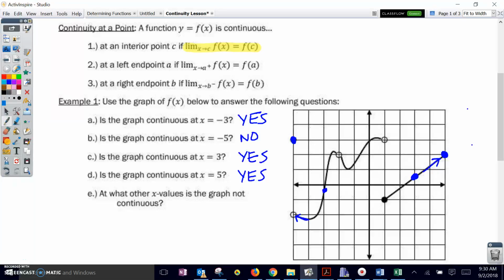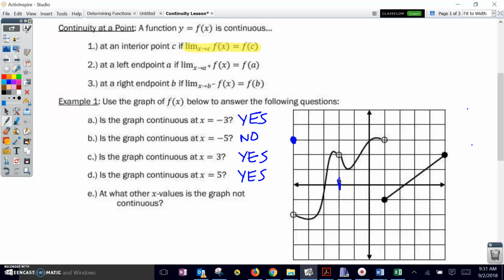All right. And question E here, at what other values is the graph not continuous? Well, there are two other values other than the one we already identified at x equals negative 5. There are two other values where this graph is not continuous. And those two values are at x equals negative 2.